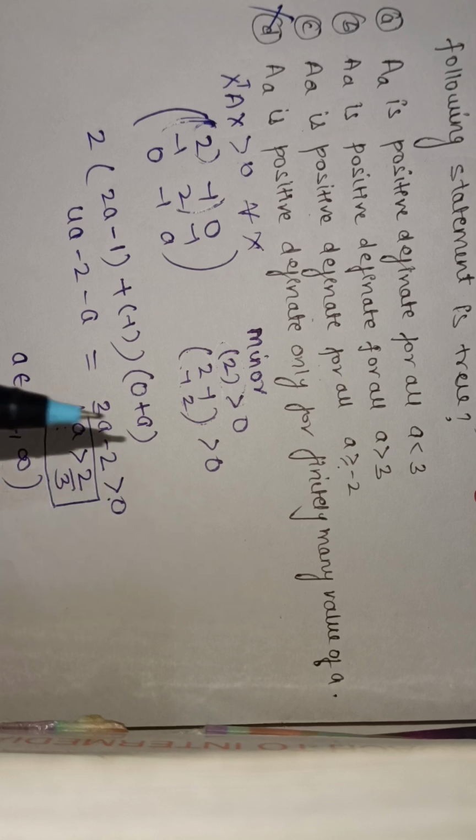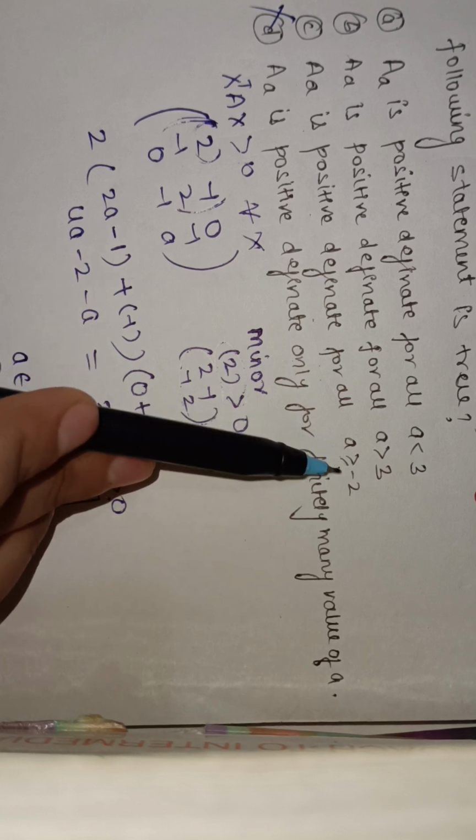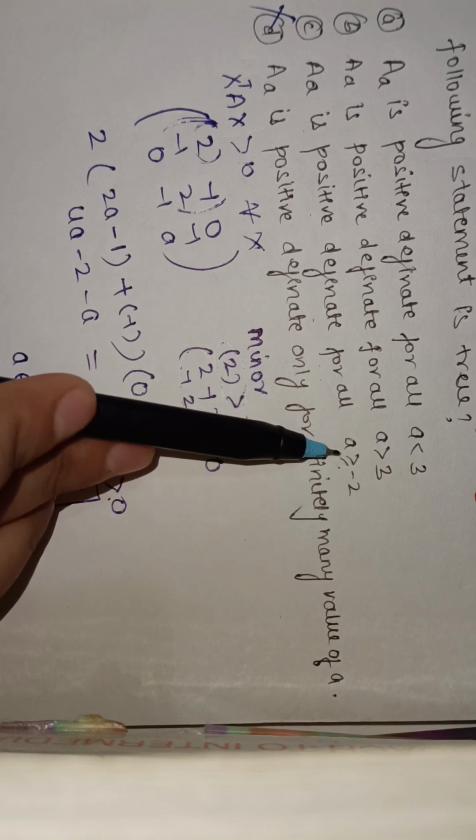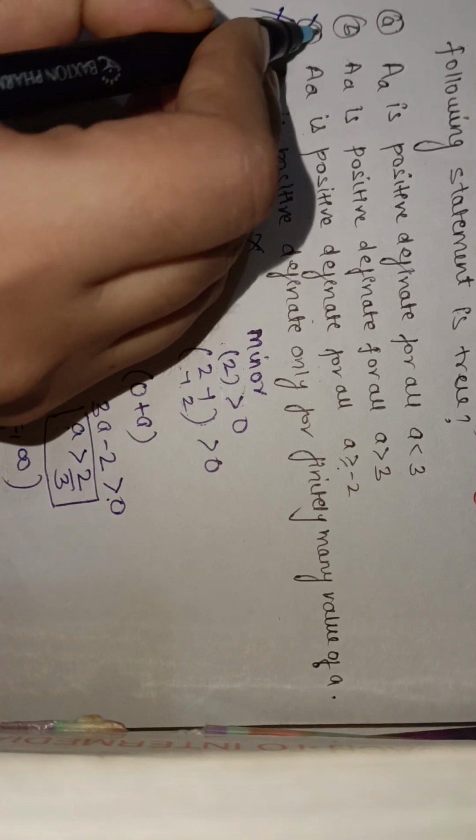If we take minus 1, does it satisfy? No, because a should be greater than 2 by 3. It can be minus 1 or 0, which do not lie in this interval. So this option is incorrect.